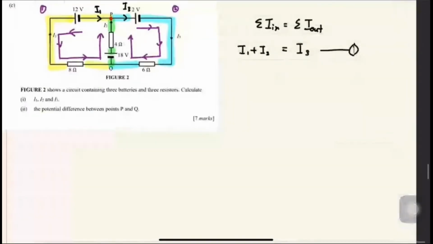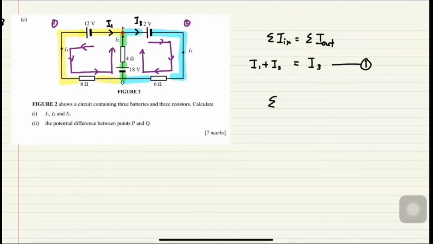Yeah, second equation, from the first loop, we can apply summation of EMF equals summation of IR. Okay, for the first loop, ada 2 EMF, right? If you follow the loop direction, 18 is positive because it goes out from the positive terminal, and this one is positive as well because it goes out from the positive terminal as well. So it becomes 18 plus 12. And then for the resistor, loop direction to the right, current direction to the left, so this one becomes negative 8I1.